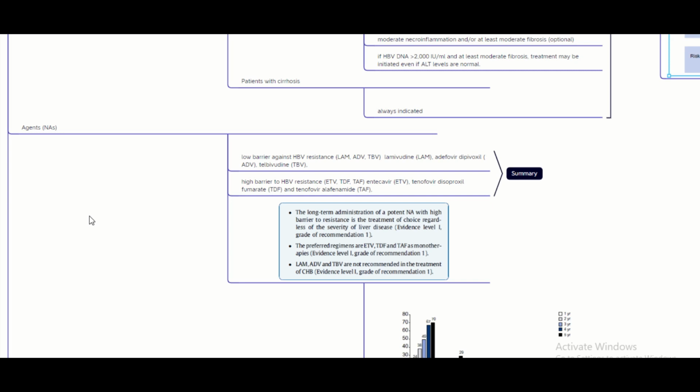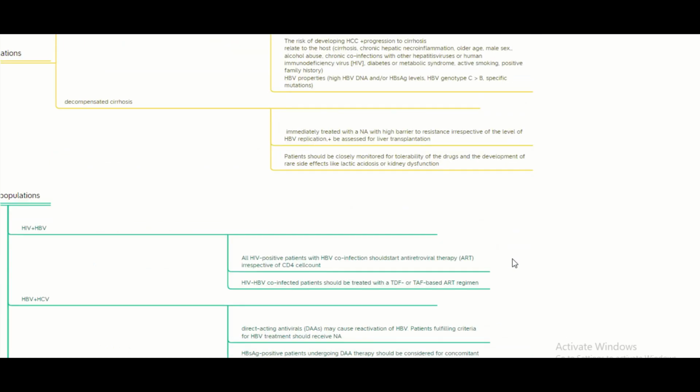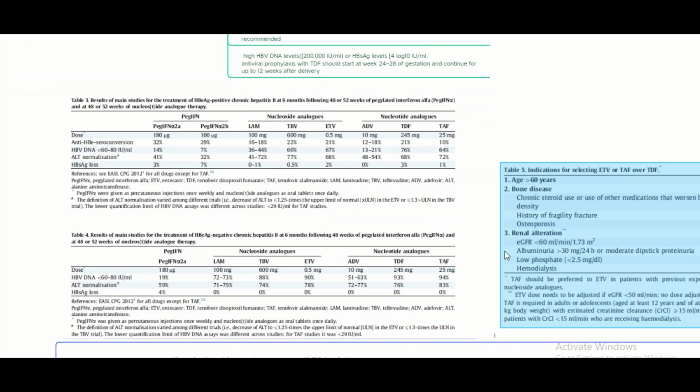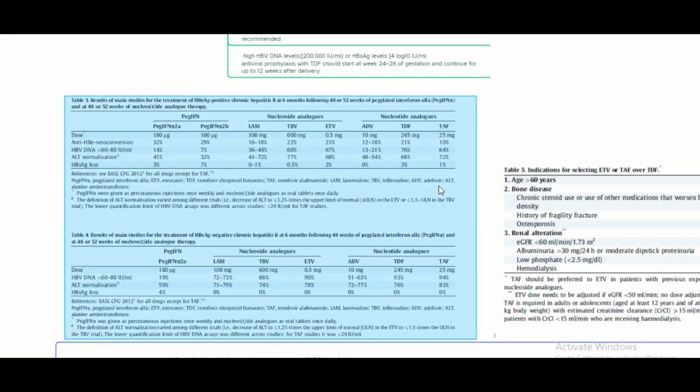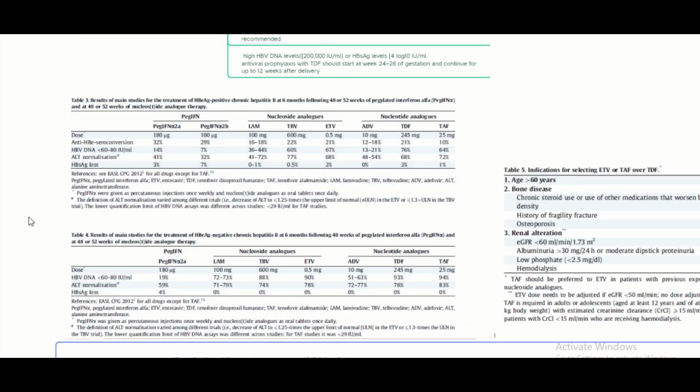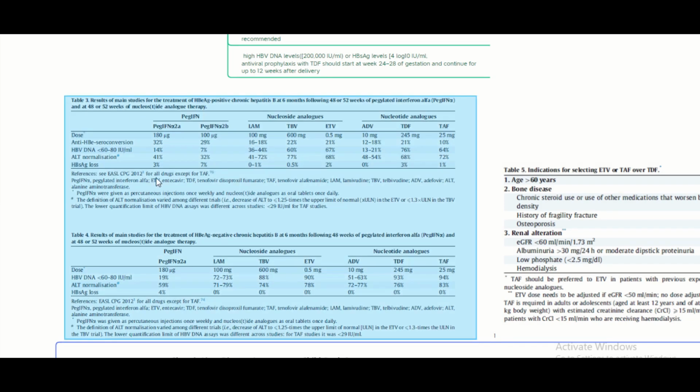Later, we will have specific tables which will show us the difference of treatment effectiveness and the difference of relapse within these classes. The classes used nowadays are nucleoside analogs and more commonly nucleotide analogs. These are the golden standard for treatment right now.